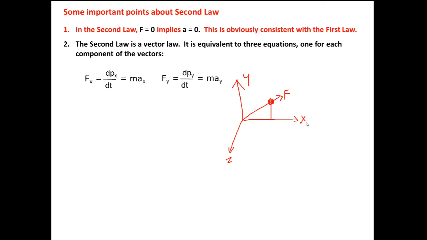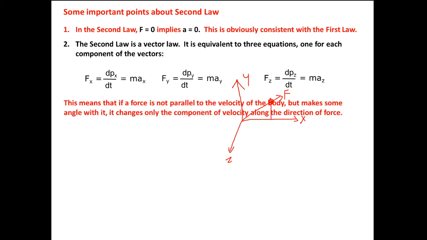Similarly, it can be resolved along the y-axis and z-axis. It means that if force is not parallel to the velocity but makes some angle, it changes only the component of velocity along the direction of force.